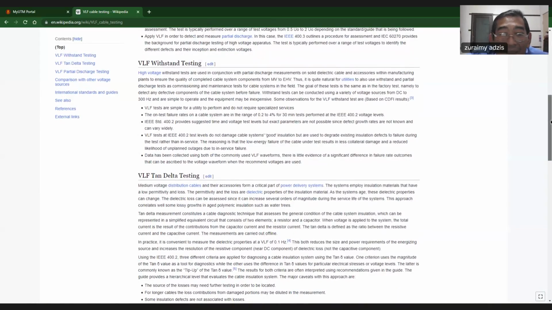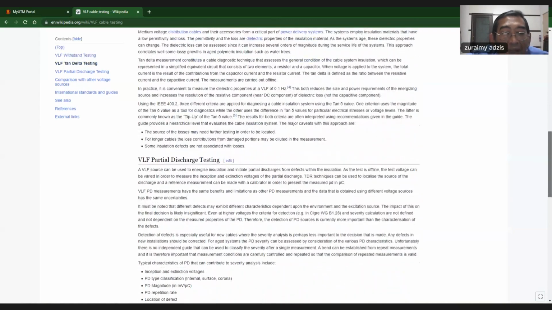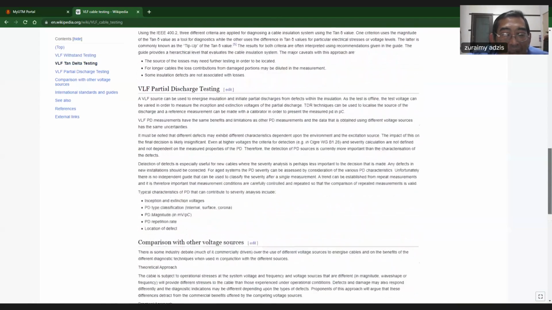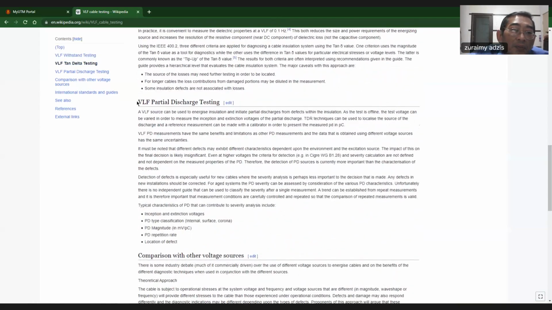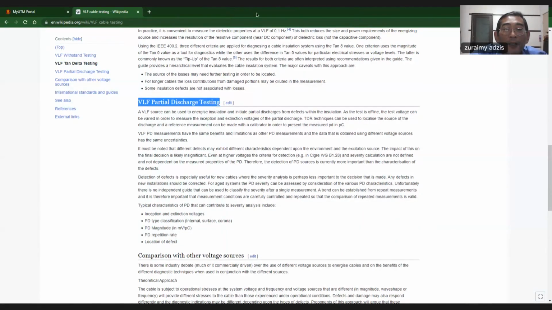This is VLF withstand testing, VLF tan delta testing, very low frequency partial discharge testing. And it is this very low frequency partial discharge testing that is being used widely now as a diagnostic tool to determine whether the cable is in good health or not, and it can be done while the cable is energized. All right, so hang on, let's check out the standards further.